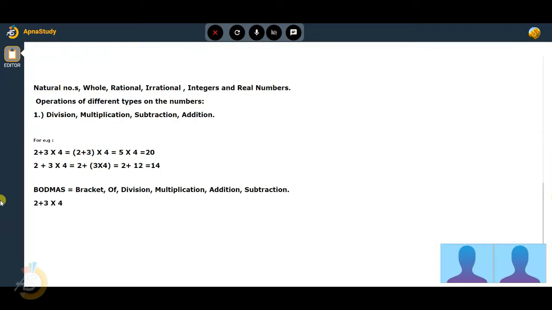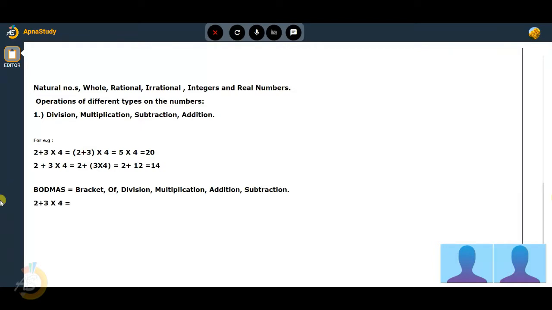While going from left to right, division or multiplication has higher preference than addition and subtraction. I hope the preference concept is clear. Yes, very much clear. So multiplication should be given higher priority over addition or subtraction.